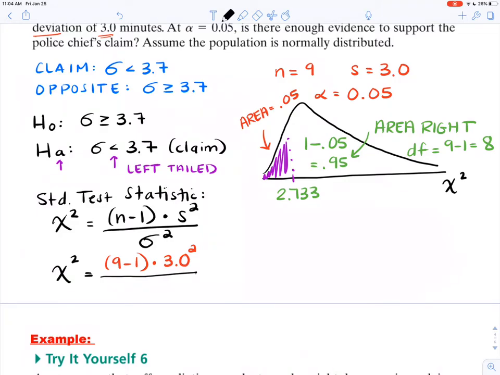This formula is always in terms of variance, which is sigma squared for the population. So since I'm testing in terms of just sigma at 3.7, I'm going to take that value and square it here. That's going to give me a standardized test statistic of 5.259.